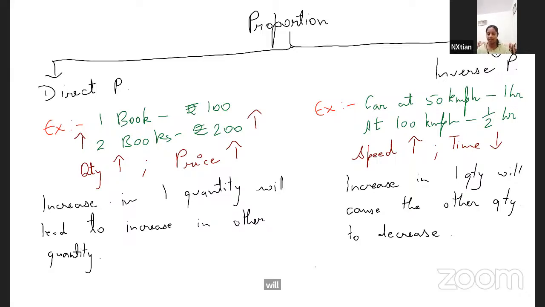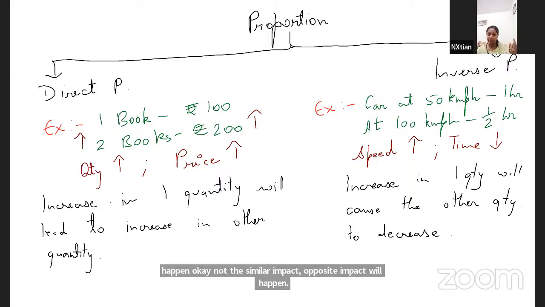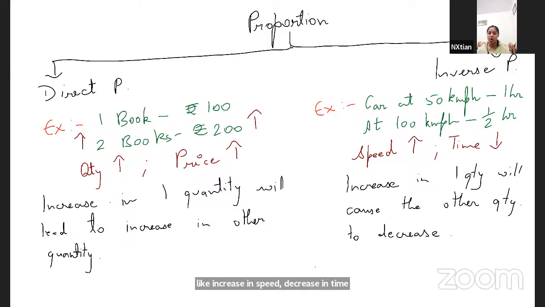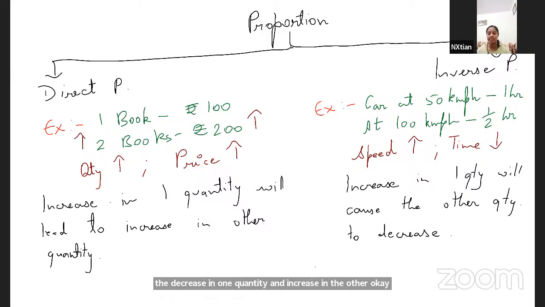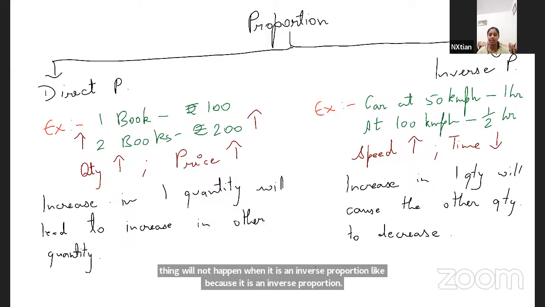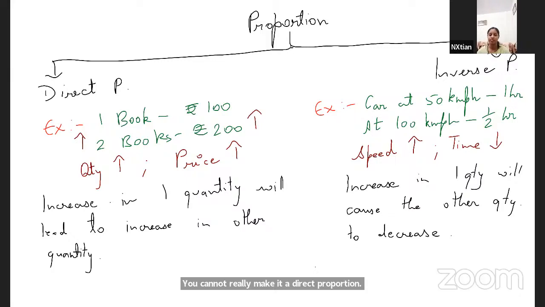Like increase in speed, decrease in time. An increase in one quantity means a decrease in the other, or a decrease in one means an increase in the other. The same thing will not happen in an inverse proportion, so you cannot really make it a direct proportion. Hope it's clear.